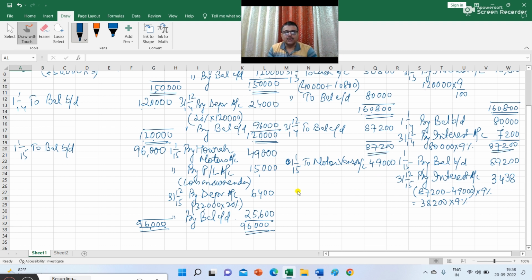So 3,438 is the amount of interest to be charged for third year, and this amount will be paid with the balance due. So on 31st December 2015, the third installment, basically on which date it was payable, will be paid. So motor vans account debit to cash. So what is the amount? This will be the balancing figure that will be paid by Raha Motors Company to Howrah Motors.